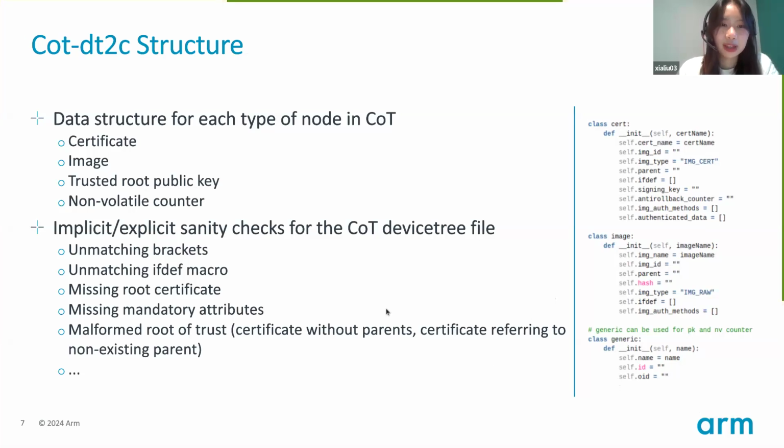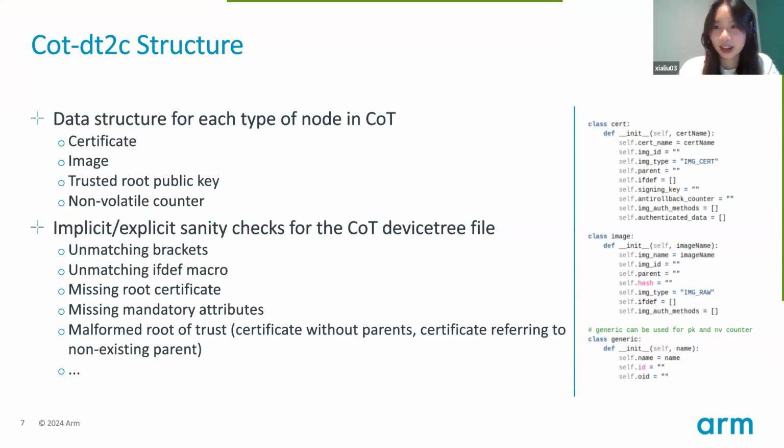It also does an implicit sanity check on the input COT device tree, including matching brackets, matching ifdef macros, missing root certificates, missing mandatory attributes, and any malformed root of trust. For instance, a certificate that has no parent but is also not a root certificate, or a certificate referring to a non-existing parent that we cannot find in the device tree.